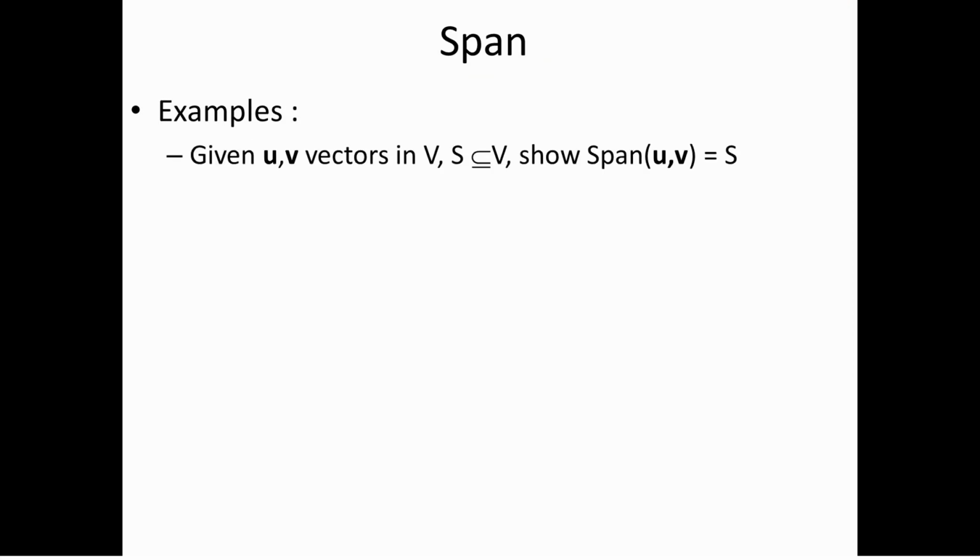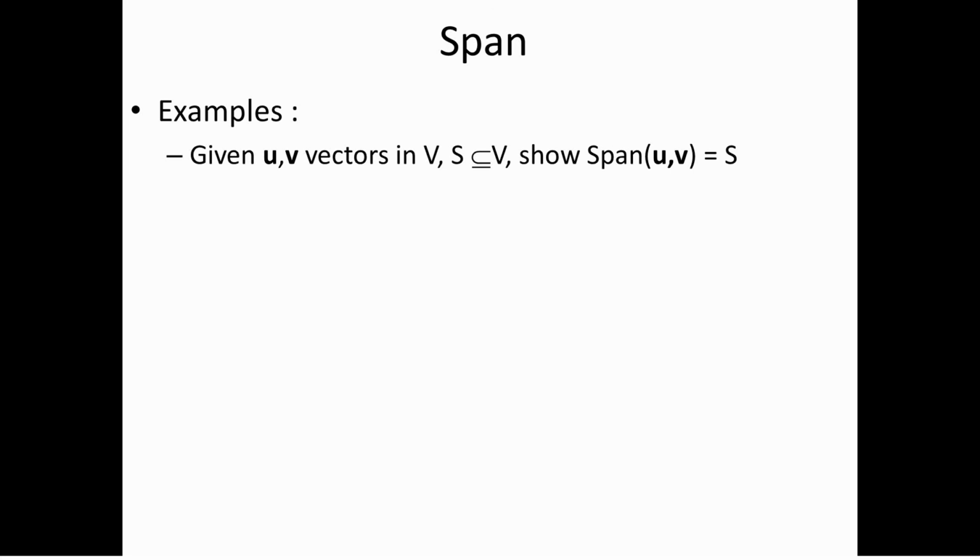Sometimes we want to show that a given set of vectors spans a given subspace. Let's take an example where we have two vectors, U and V, in the vector space capital V, and S is some subspace of V. We want to show that the span of U, V is equal to S. Notice that this is a set.